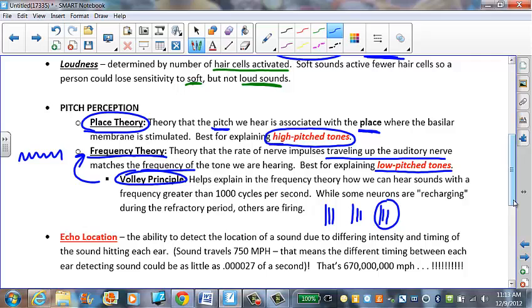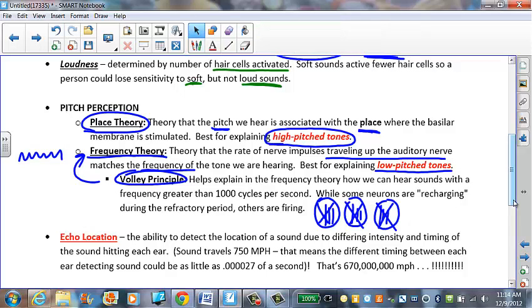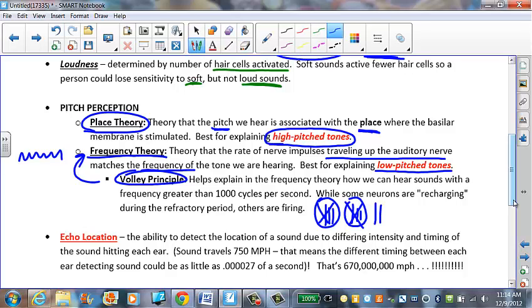When these are firing at their maximum rate and then reach the refractory period, these will wait to send their signal, and then when these hair cells can't fire, these hair cells will fire. And now we get back to the original hair cells. They're capable of firing now because they regenerate. So after that third row can't fire, these will fire and so on.